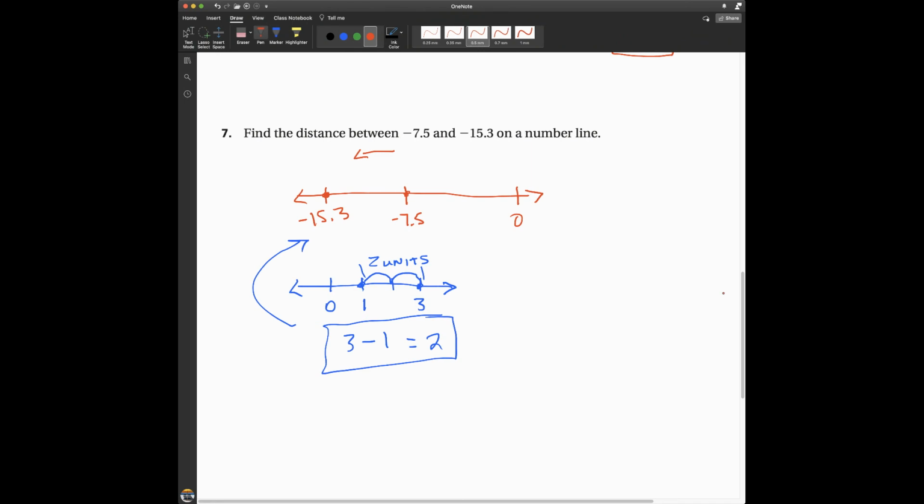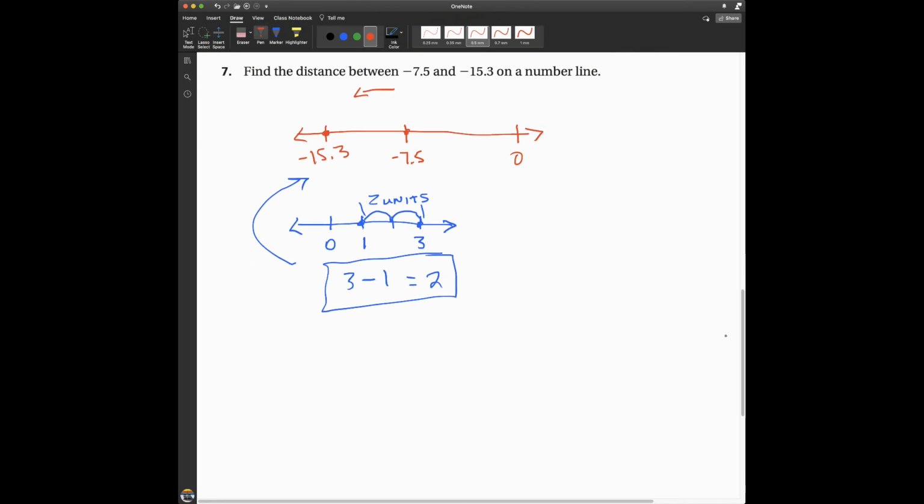Let's go back and look at this one. What am I going to do? When I worked out my simpler problem, I took the larger number and subtracted the smaller number. On this number line, remember, numbers to the right are larger than numbers to the left.